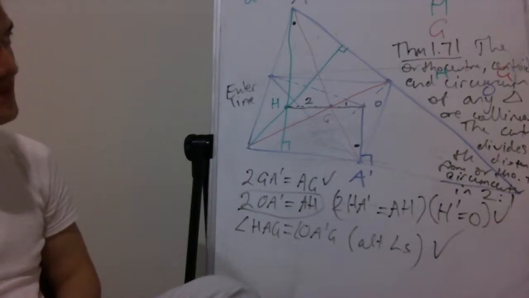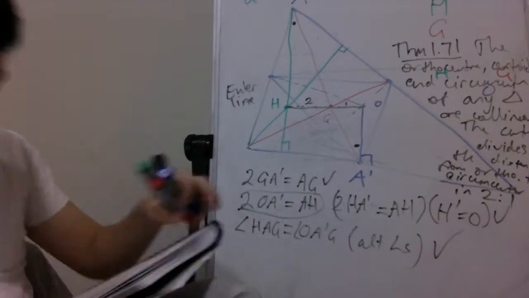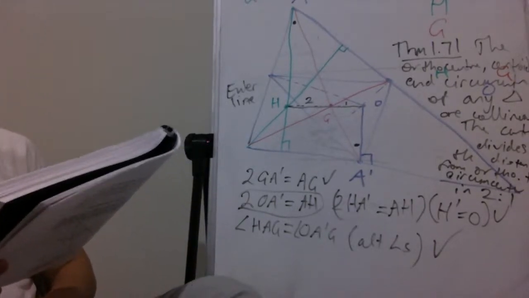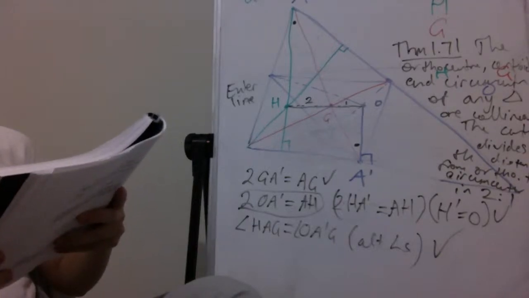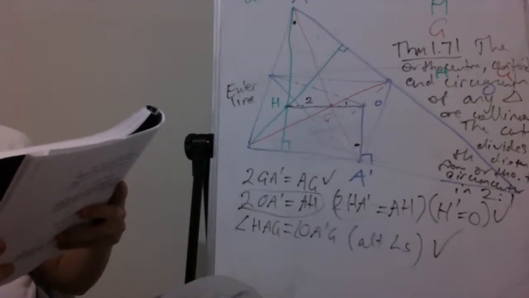Alright, so we're good. Let's see what the next thing says. I didn't really read this, so I was hoping the momentum would carry us through. Let us study the figure more closely.